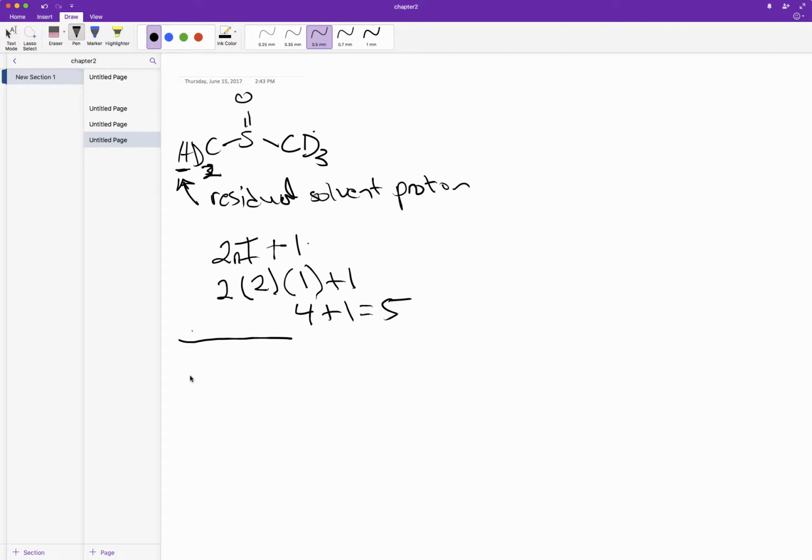And then the next topic they talk about is tree diagrams, where you start out with HA, you add in another coupling partner we'll call HB, and that will split your signal into two different components.